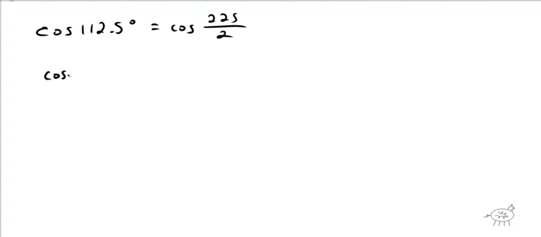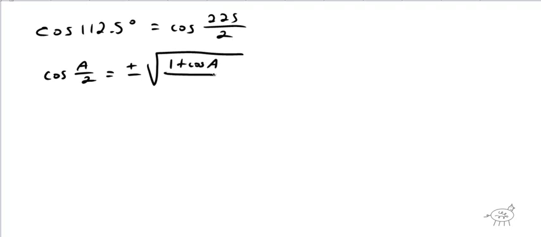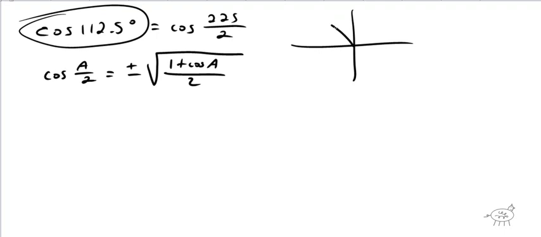I think it's good to write it down right away. It's going to be cosine of a over 2 equals plus or minus the square root of 1 plus cosine of a over 2. So now the plus or minus comes in handy. Remember that plus or minus is based off of the original angle. So when I look at this, 112.5 is somewhere in this quadrant, and cosine's negative here. So there we go. It's negative.